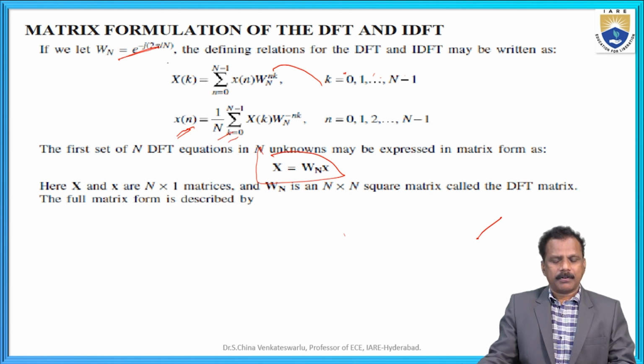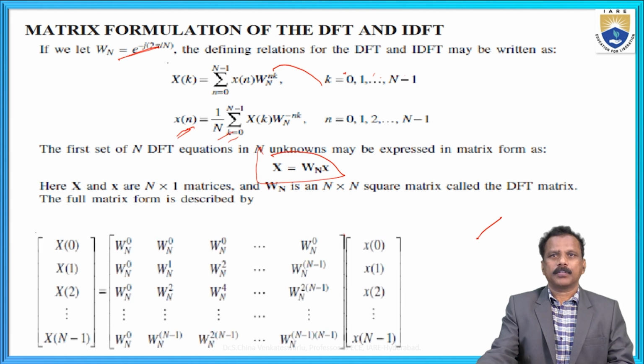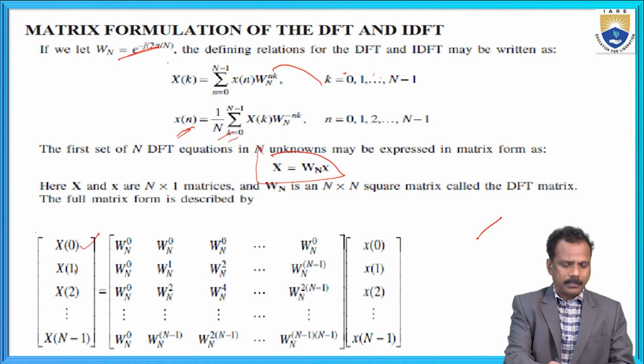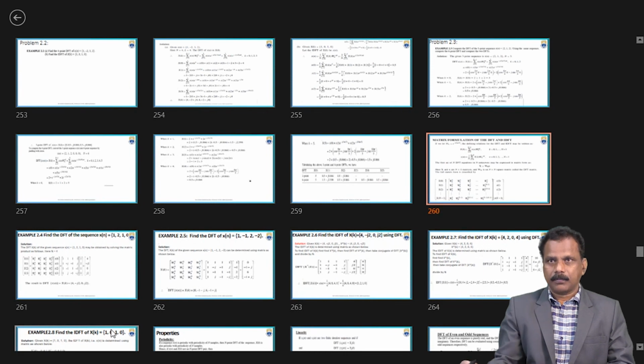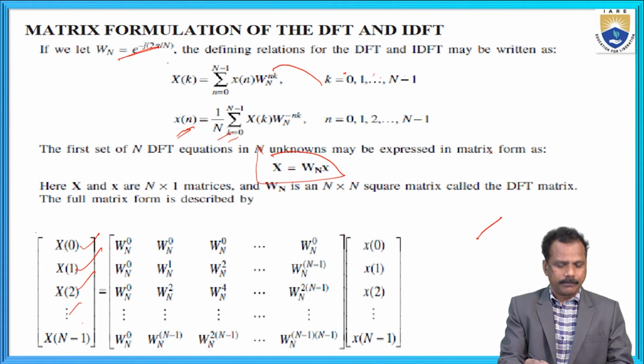The full matrix form is described here. We have X of 0, X of 1, X of 2, X of 3, X of 4 up to X of N minus 1.